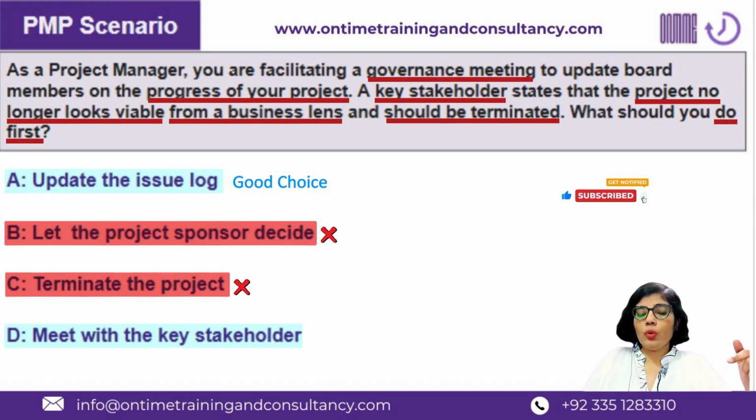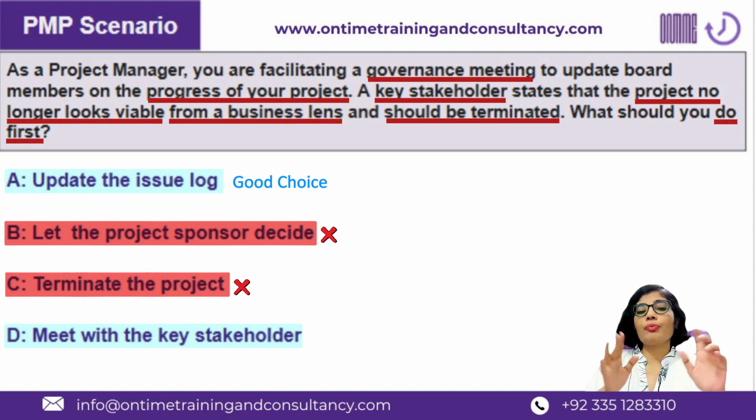Meeting with the key stakeholder is part of the issue resolution, right? So after updating the issue log, maybe the very first step towards the issue resolution is meeting with the key stakeholder to understand his perspective in detail to proceed with the follow-up process.